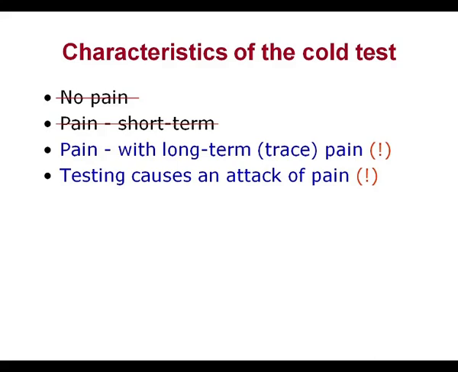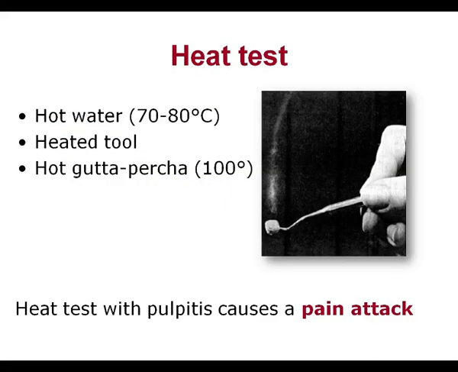Short-term pain is for caries, not for pulpitis. Pain with a long-term or trace pain is for pulpitis. And if testing causes an attack of pain, it's also for pulpitis and especially for acute forms.